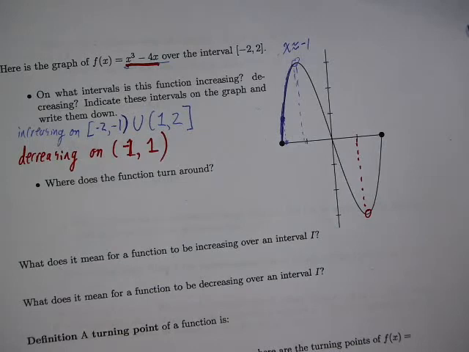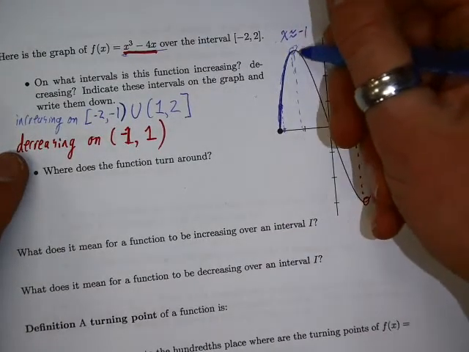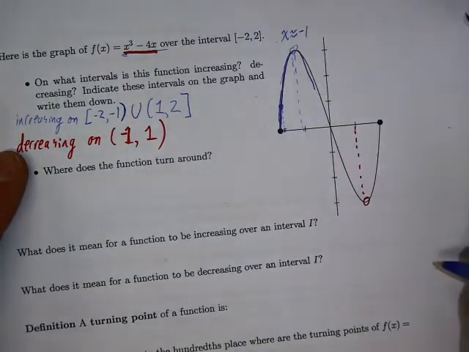That seemed pretty okay. And here's another easy question. If I were to ask you, where does this function turn around, what would you tell me? Well, it looks like at around x equals 1 and around x equals -1. The function goes from increasing, turns around, and starts decreasing.